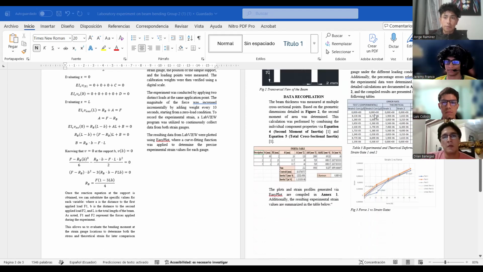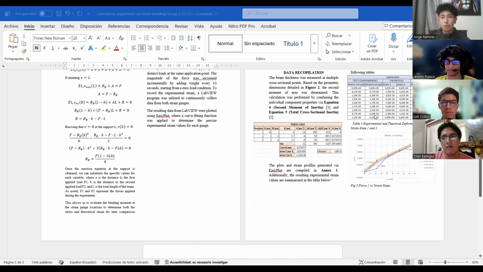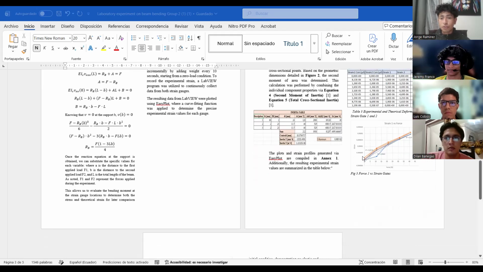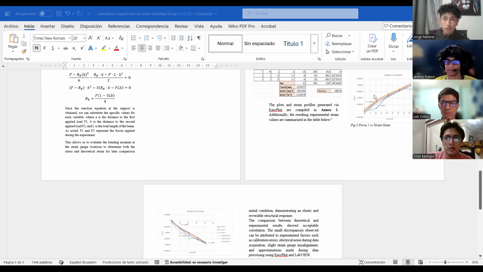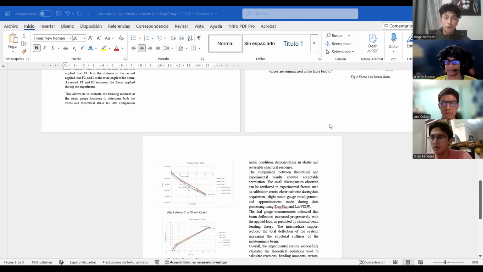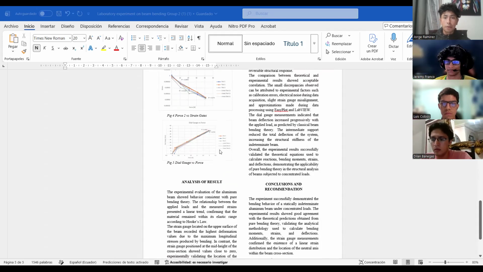After that, we can compare all this data, theoretical and experimental. In this case, we have a very low percentage strain error. Now you can see all the pictures of the strain during all the conditions. And that's all.